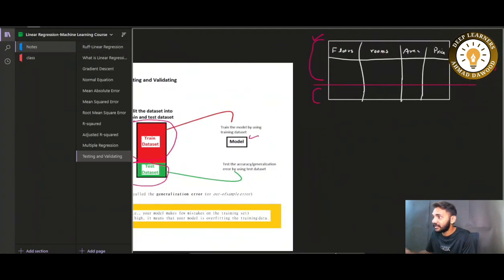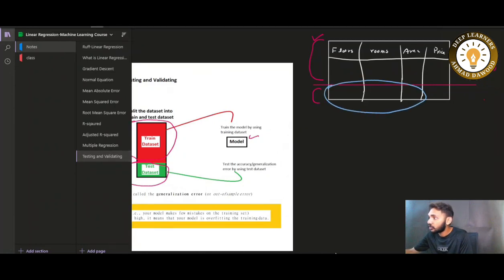Also in the test data set, we have these independent variables, and we also have the true values against these data points. Now after the training part, we will feed these data points to our model, and the model will predict some values.